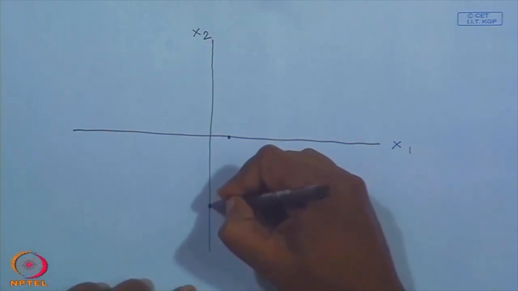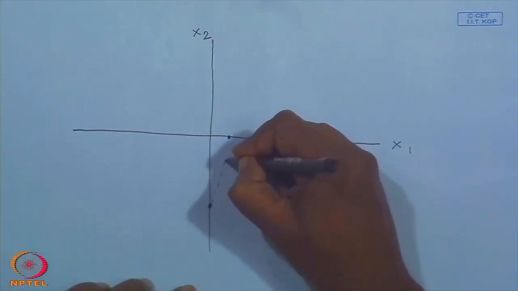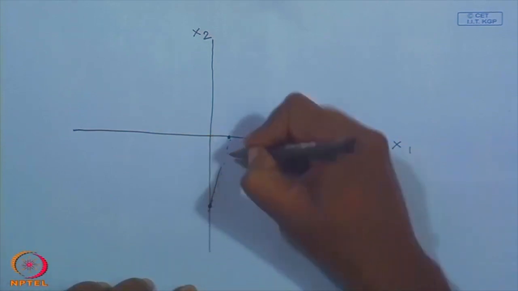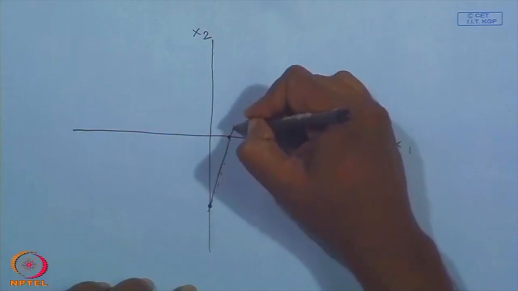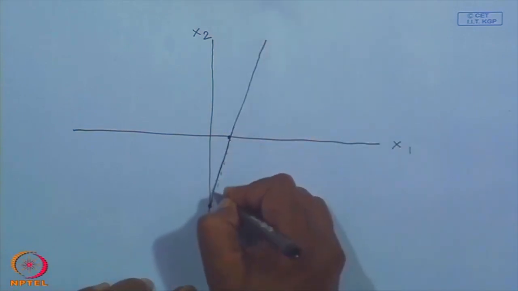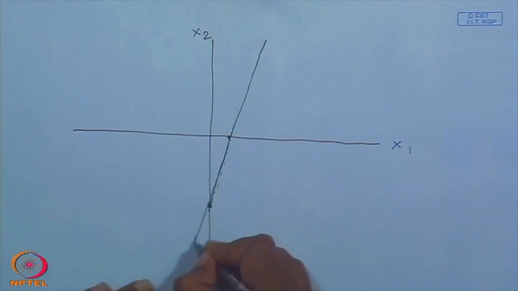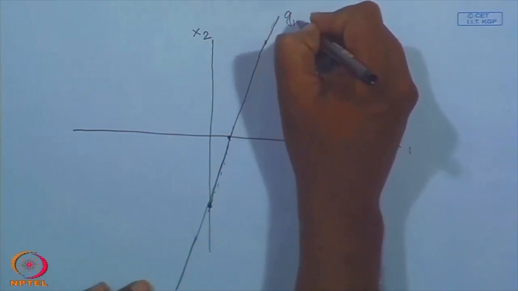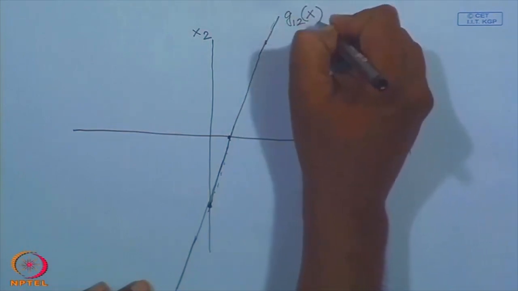So, I have this g12x in this case, which is given by this state line. This is g12x.